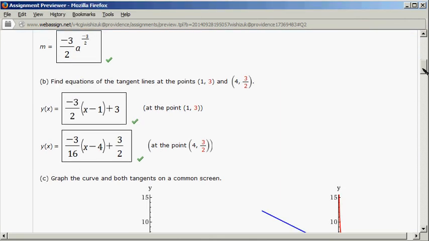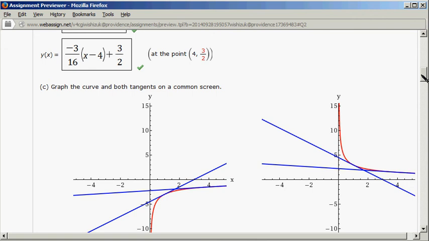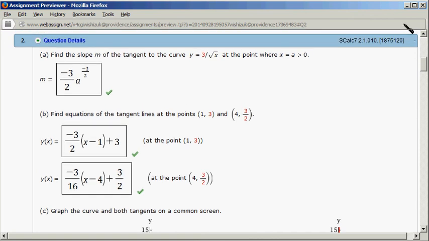Then part C, so let's look at that. Graph the curve and both tangent lines on a common screen. The original graph is y equals square root of 3 over square root of x.